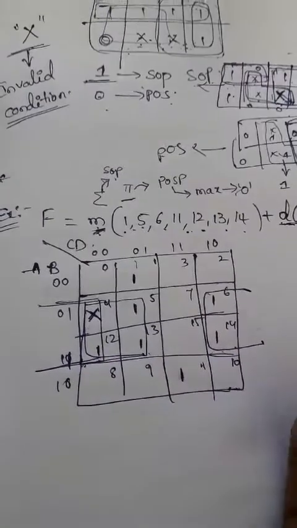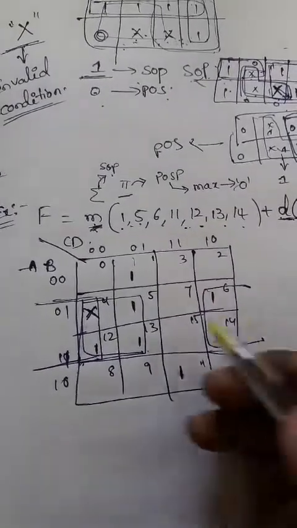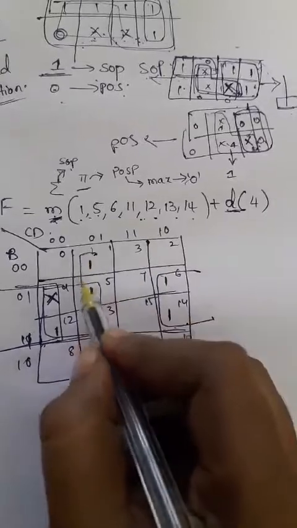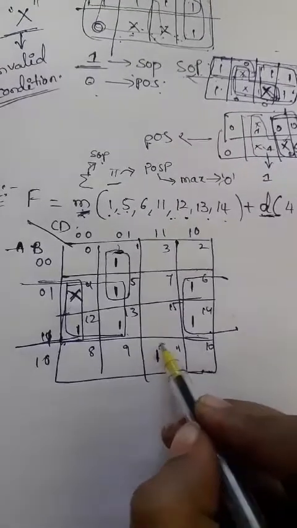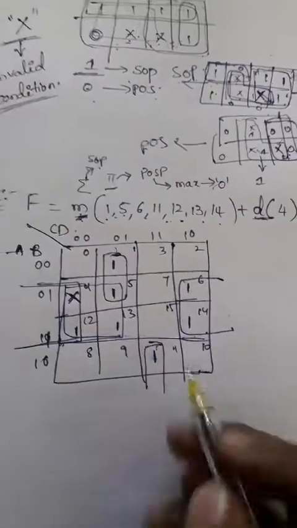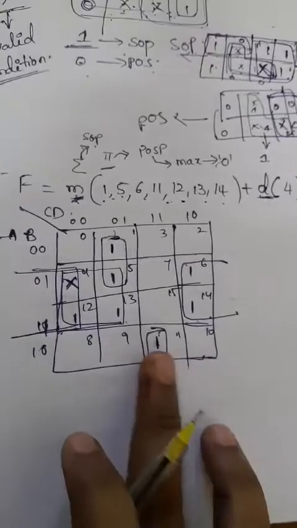The next thing is a pair here, and one more here. And here we have a single 1, so directly we take that single one as its own expression. Whatever expression we have, we need to consider it.